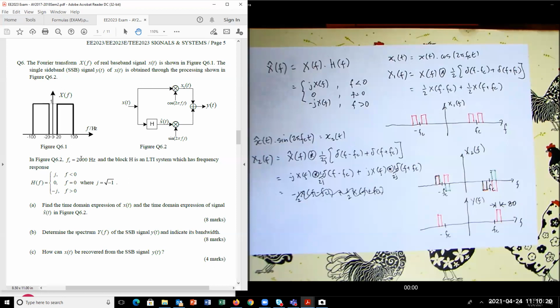Any other question? Prof, how come in your X2F, the minus J XF belongs to this F minus FC? How come it does not belong to F plus FC?